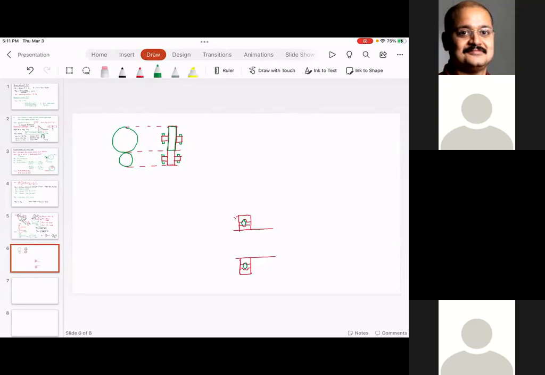Now this bearing needs to be situated in the housing. So this is the shaft, and you should have housing. This is going to look like this. And this is the gear.